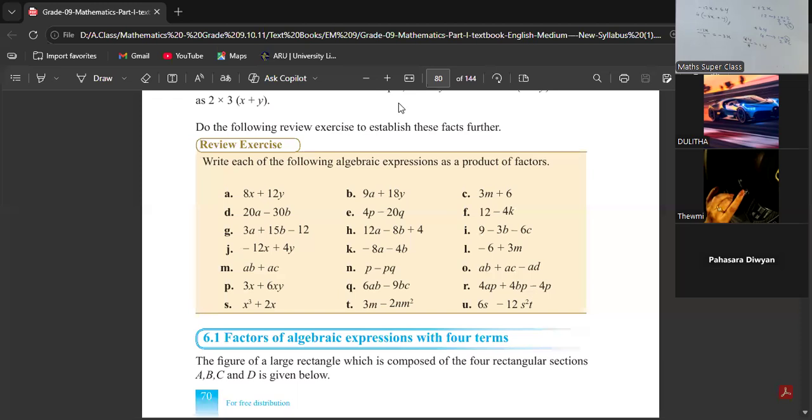Yes, one message is there. Yes, the answer, that's fine. So, is it clear now? I think it's clear. Okay, so next one.